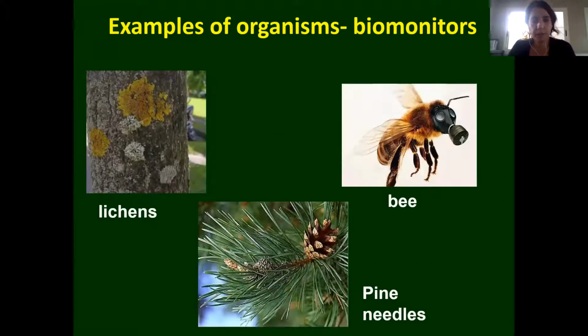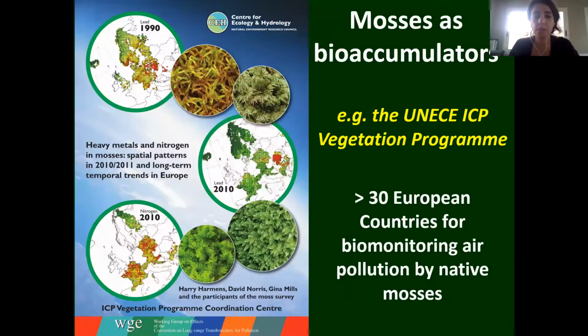We can use different types of living organisms, for example, lichens, or also bees, or also, for example, pine needles. We can use plants, so several types of living organisms. But in my case, I used mosses as bioaccumulators.